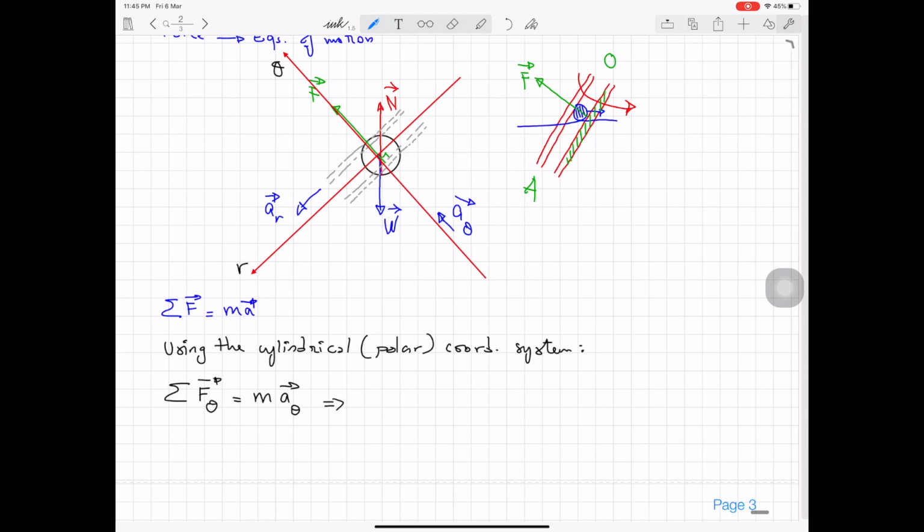Which means what I have here is the force F, which is positive, minus this component of the weight.